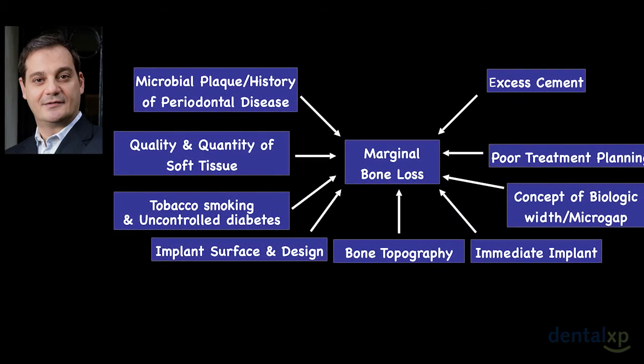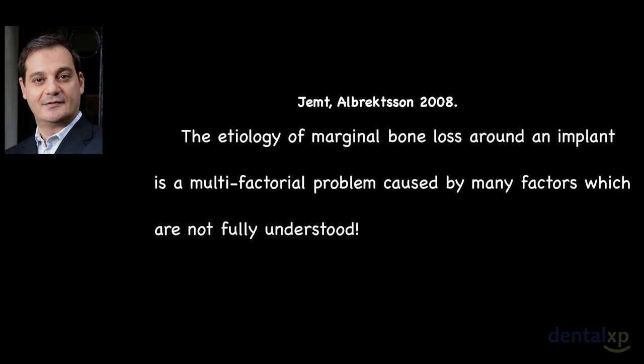So if we put all of these together, having marginal bone loss and exposing the roughened surface to the oral environment, we have a higher chance of peri-implantitis. If we look at what has been said in the literature, in 2008, not that recent, Gemt and Albrektsson said that the etiology of marginal bone loss around an implant is a multifactorial problem caused by many factors which are not fully understood.